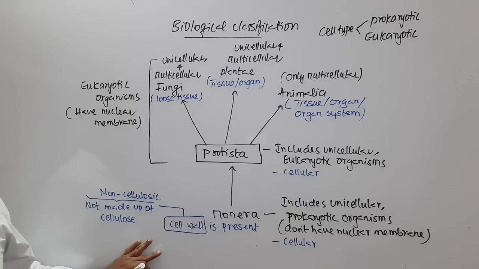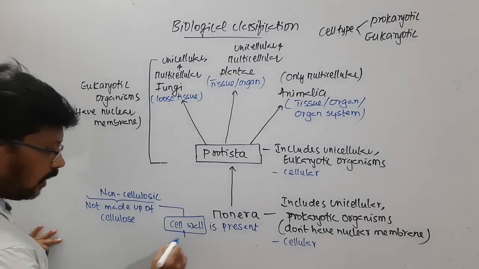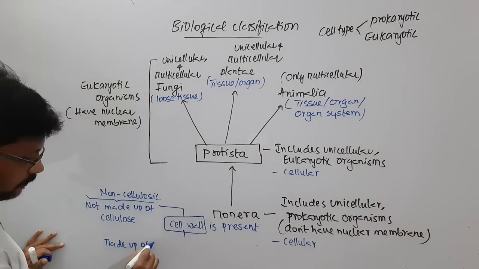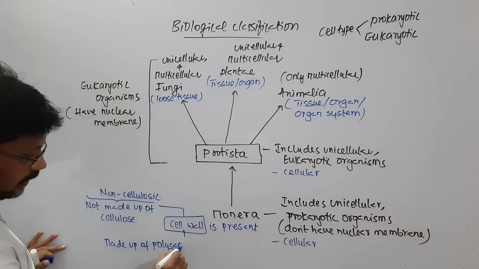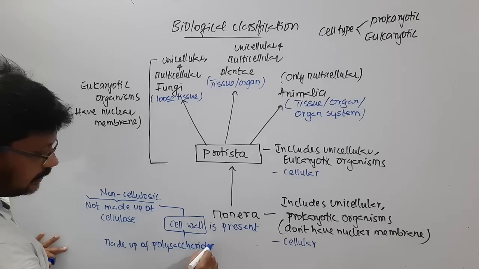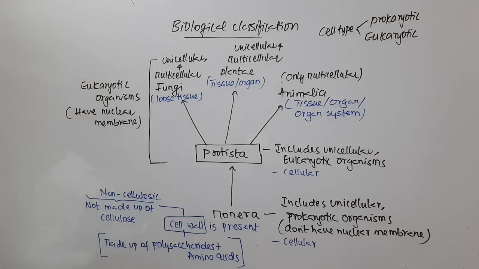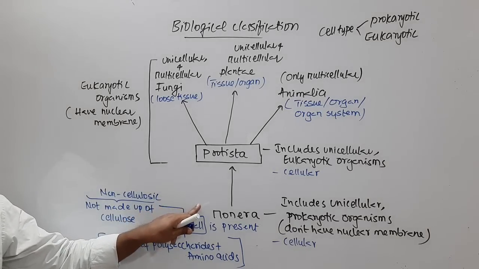It is made up of polysaccharides and amino acids. So that is what we see in the case of Monera.